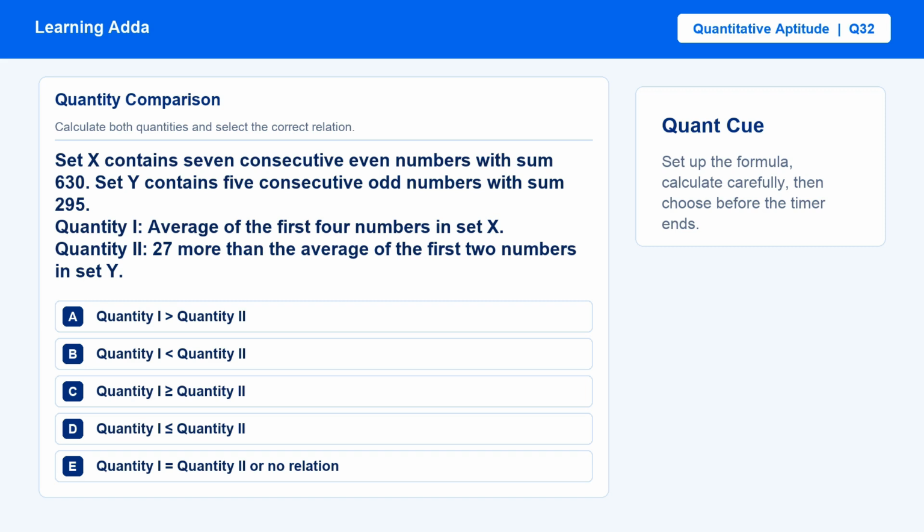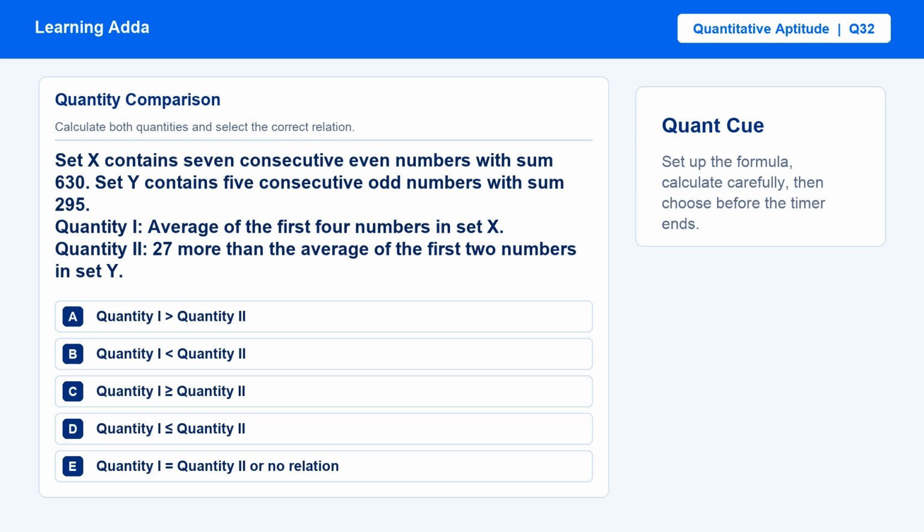Question 32. Set X contains 7 consecutive even numbers with sum 630. Set Y contains 5 consecutive odd numbers with sum 295. Quantity 1 is the average of the first 4 numbers in set X, quantity 2 is 27 more than the average of the first 2 numbers in set Y. Option A, quantity 1 is greater than quantity 2.